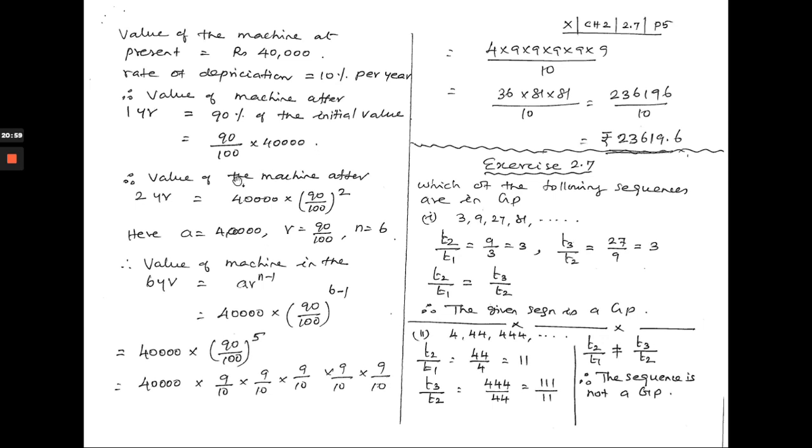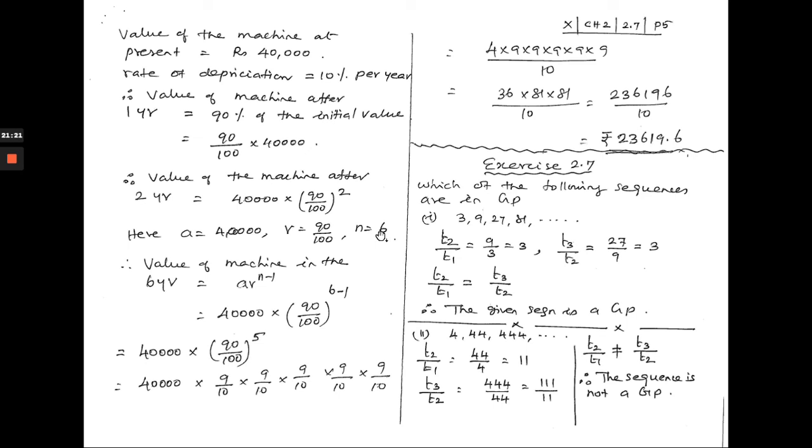So the value after 2 years is 40,000 into (90 by 100) whole square, and it goes on. A is equal to 40,000, R is equal to 90 by 100, N is equal to 6 years.